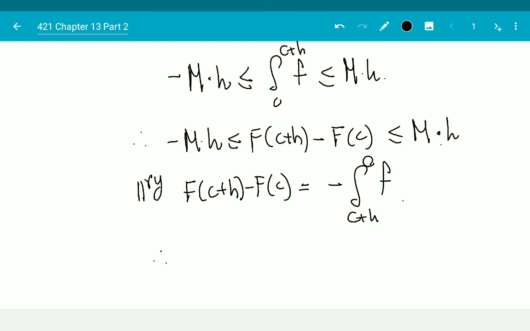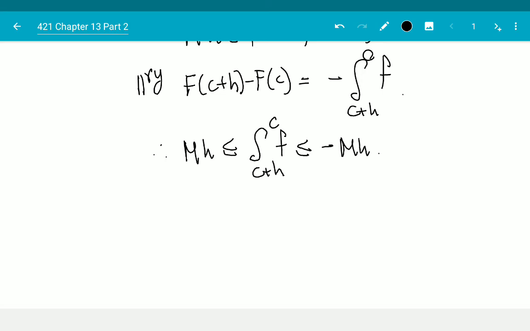And therefore I get that Mh is smaller than or equal to the integral from c plus h to c of f, smaller than or equal to negative Mh, by the exact same argument.